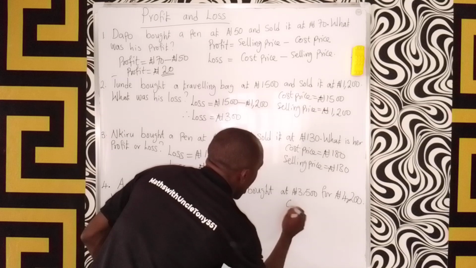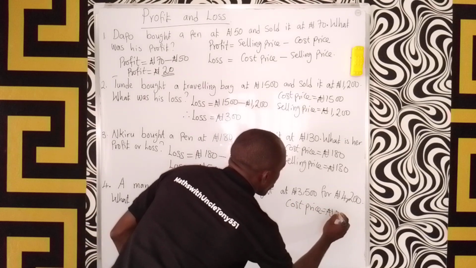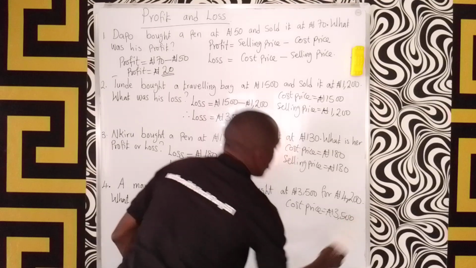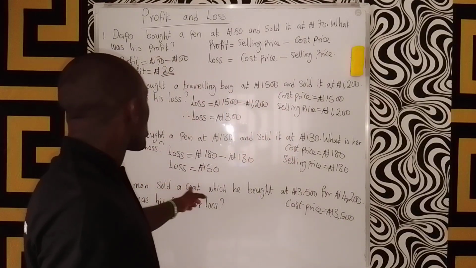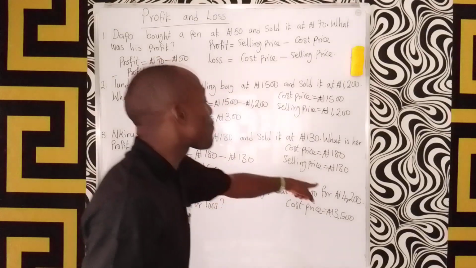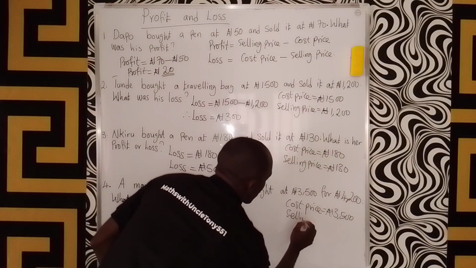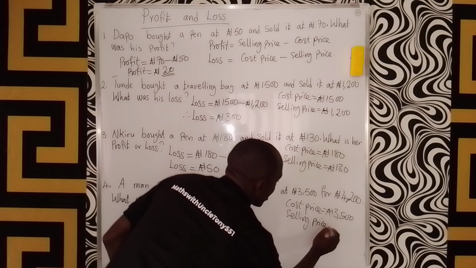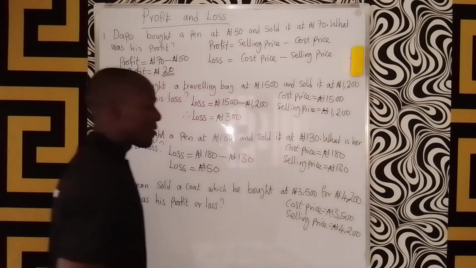So our cost price is equal to 3,500 naira. A man sold a coat which he bought at 3,500 for 4,200, so this is our selling price. Our selling price is equal to 4,200 naira.